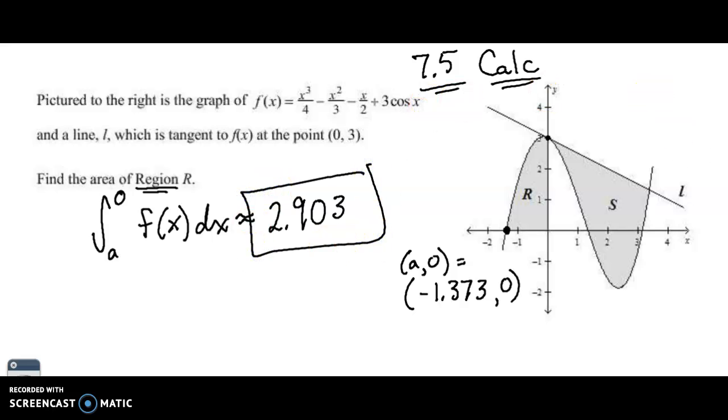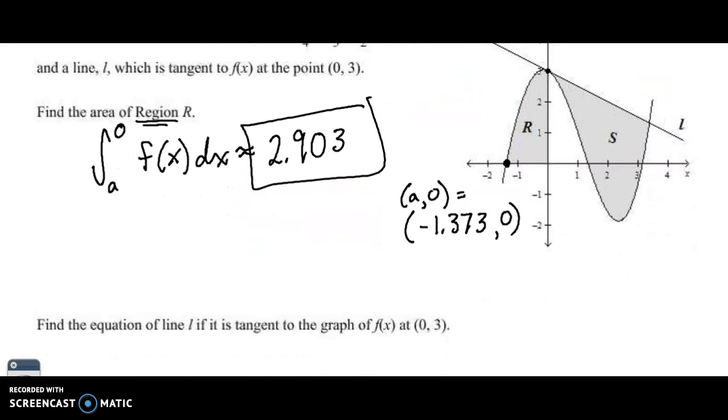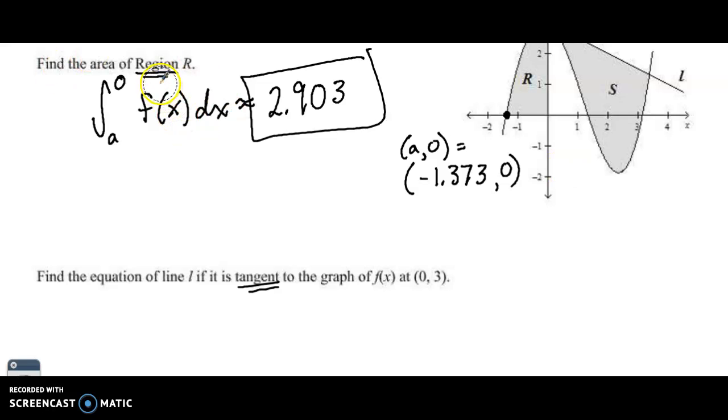So we're learning how to use our calculator. In the next one, find the equation of line L. Remember, we need the point and the slope. Since we already typed into y1, that should be pretty straightforward because we already have the point. So the equation is going to be y equals some slope times x minus the x coordinate, which is 0, so we don't have to write that, plus the y coordinate, which is 3.